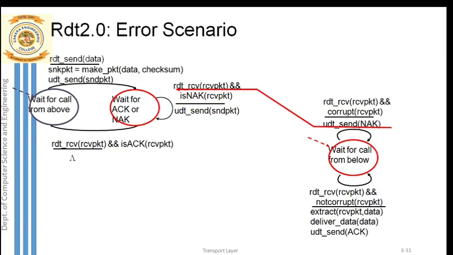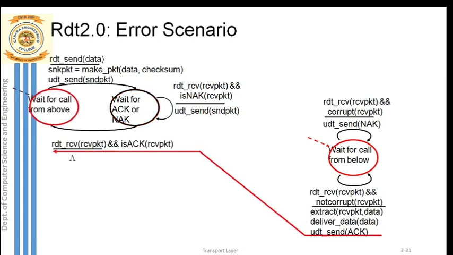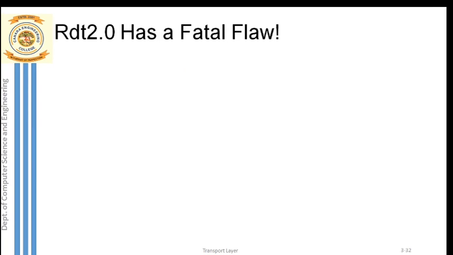Since it is negative, the sender will just resend the packet. The resent packet is received by the receiver, and if that packet is received properly, a positive acknowledgement will be prepared at the receiver side and sent to the sender. Once the sender receives the positive acknowledgement, it is ready to send the next new packet. So that is the concept of RDT 2.0.